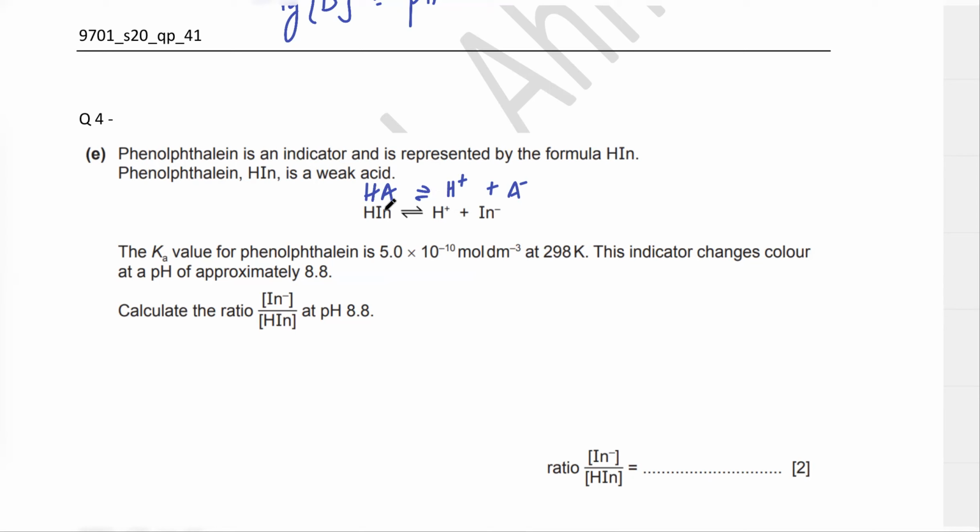Now, no, sorry, this is phenolphthalein. So they're saying that phenolphthalein has this formula. The Ka value for phenolphthalein is also given. So what's the expression for Ka? Ka would be H plus 1 concentration into ion minus 1 concentration, and the whole thing would be divided by.